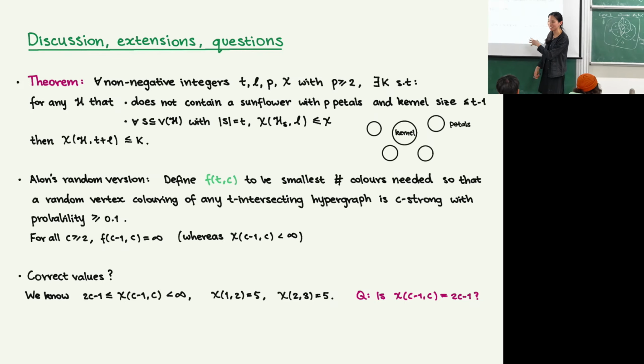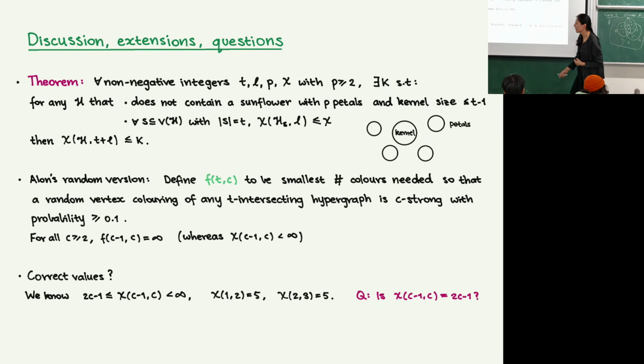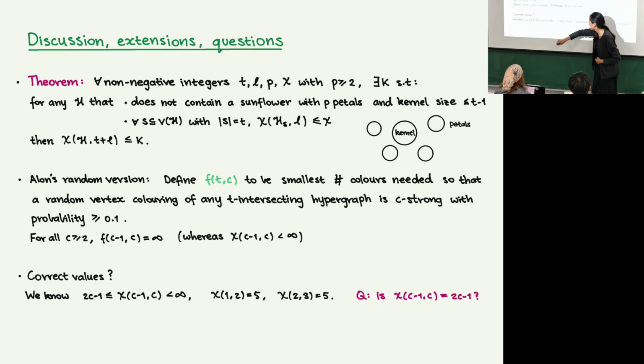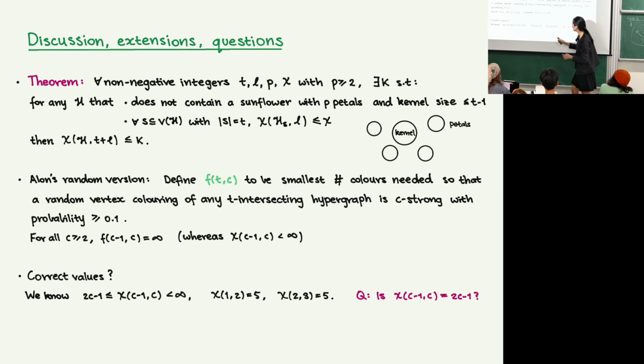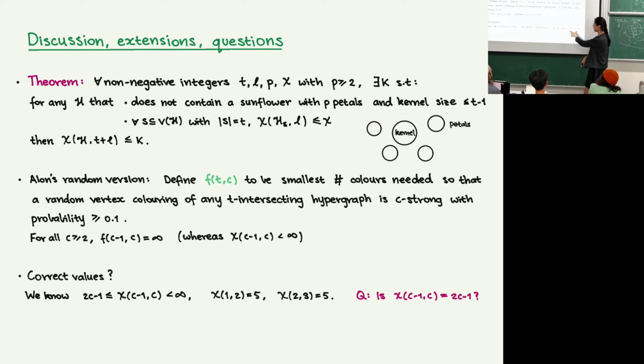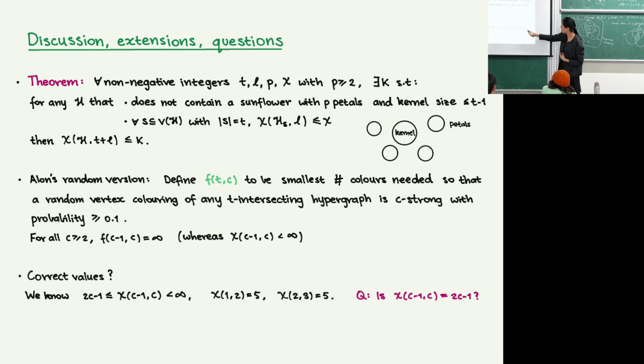But we really didn't try to optimize this because anything we do is going to be far away from 2C minus 1. On the other hand, for the lower bound, we note that for C equals 2 and C equals 3, that should be chi_1(2) equals 3 here, they actually match the lower bound. So this was the original conjecture of Blais, Weinstein, and Yoshida. Is it actually just equal to 2C minus 1? That would be very interesting to know.